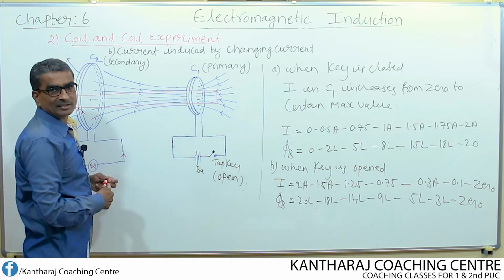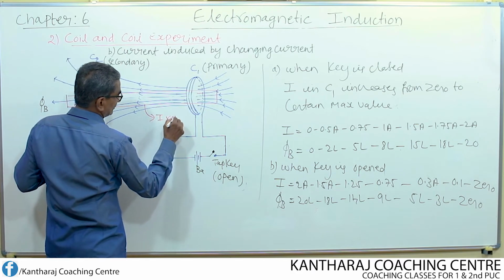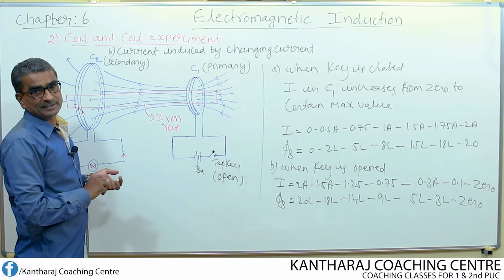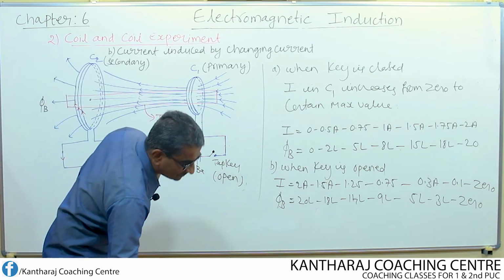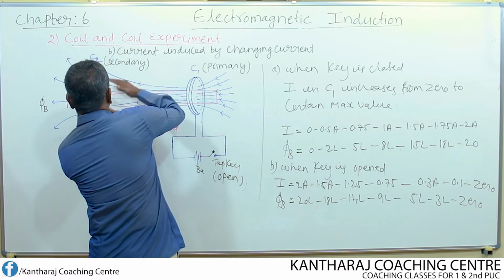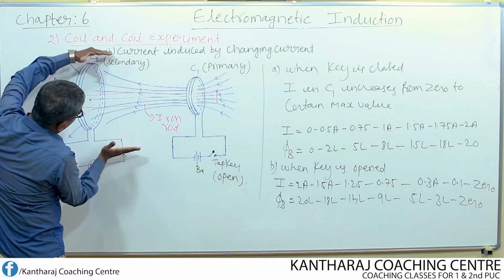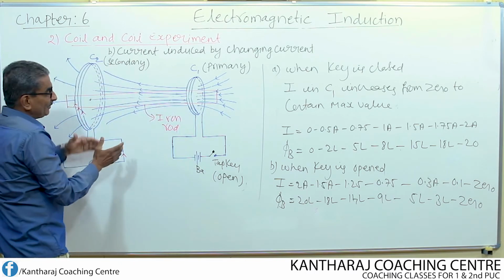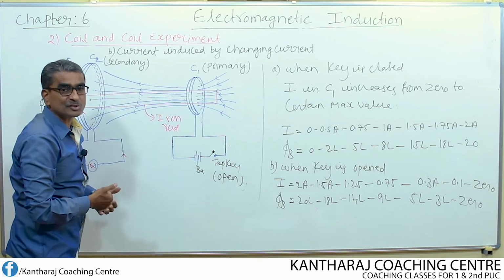Inserting one iron rod, what does it do? It is going to increase the permeability. Permeability increasing means the magnetic lines of force, instead of diverging away from the secondary coil, all concentrate inside the rod. When all the magnetic lines of force concentrate inside the rod, the field becomes strong.